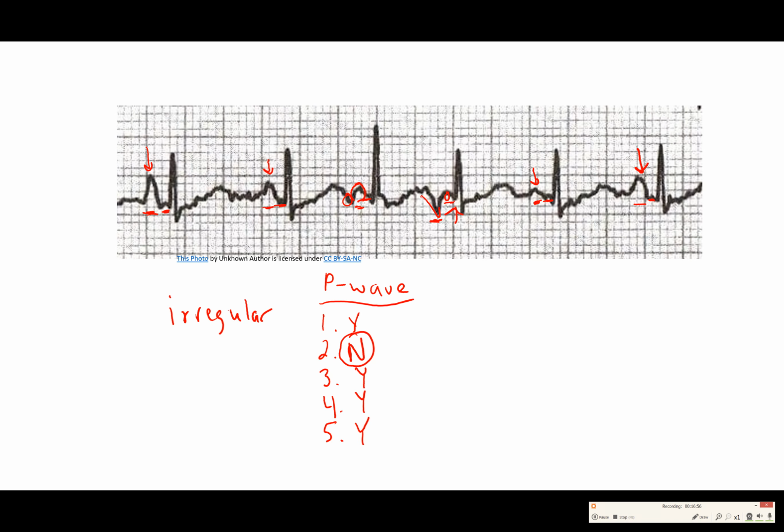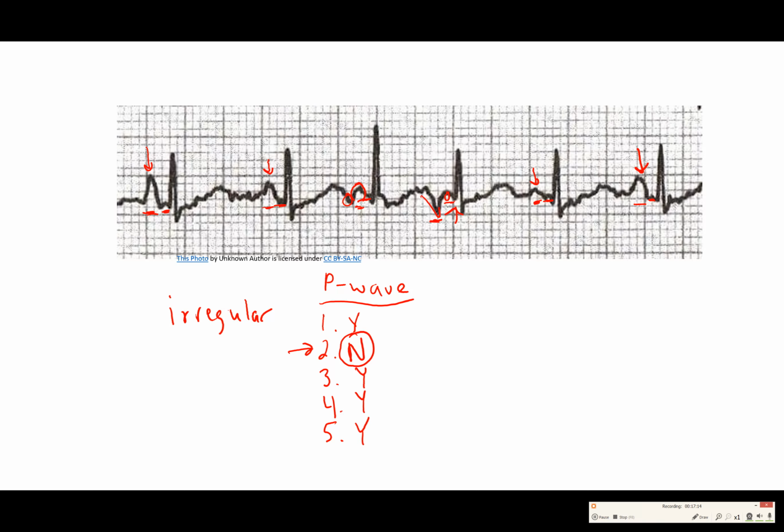So when you get all yeses except for the P waves being changed, remember that the P waves are atrial depolarization. So they should all be coming from the SA node, and they should all be looking the same in sinus rhythm.